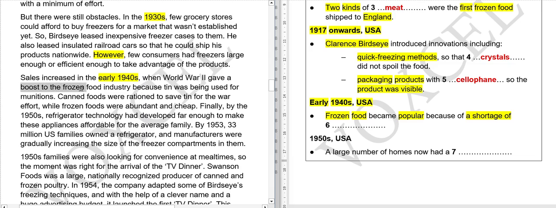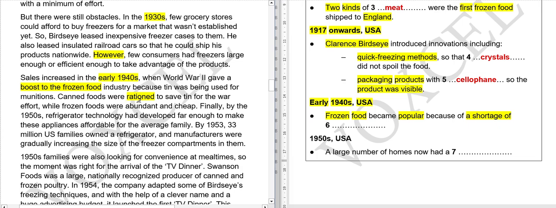If something got a boost, obviously its sales increased, and if something became popular, it also means its sales increased. So because we didn't have tin cans, because tin was being used for this, they have to ration to save.